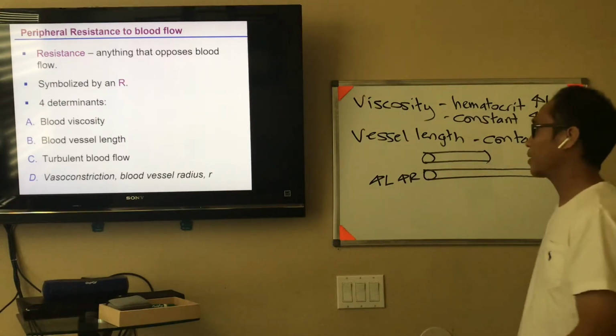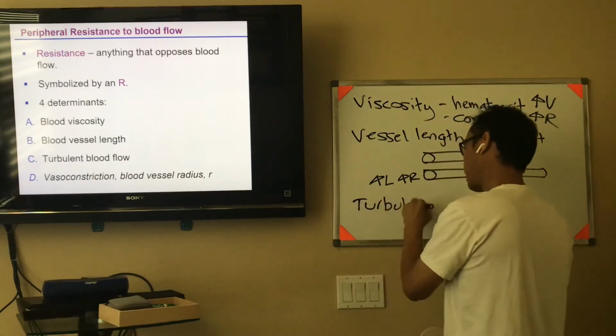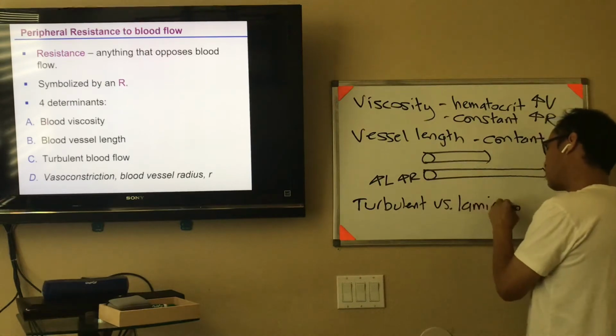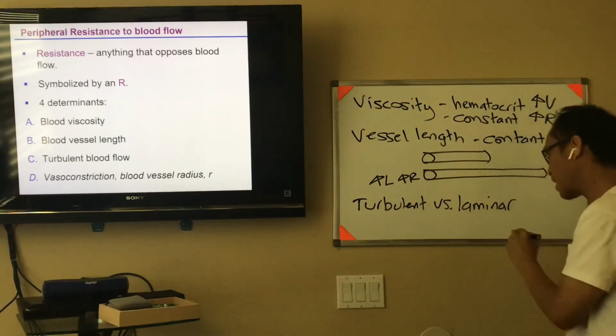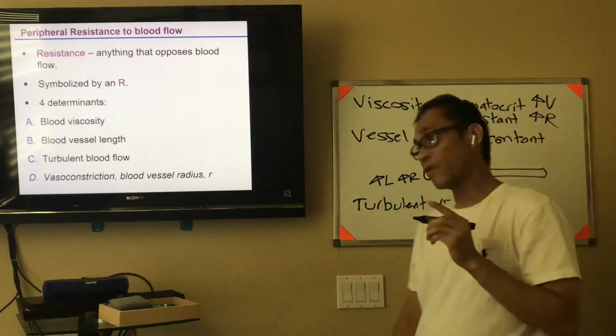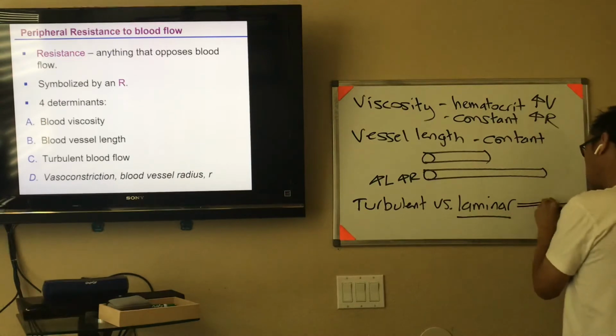Another thing is turbulent blood flow. Turbulent, we'll say, versus laminar. In a physics class, when you describe laminar flow of a fluid, and the same is true of blood flow, you have these nice straight linear lines of blood flowing in a tube.